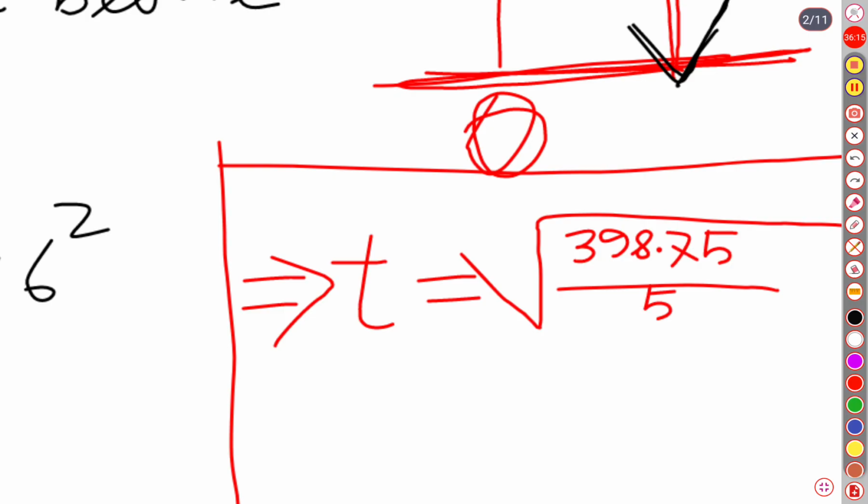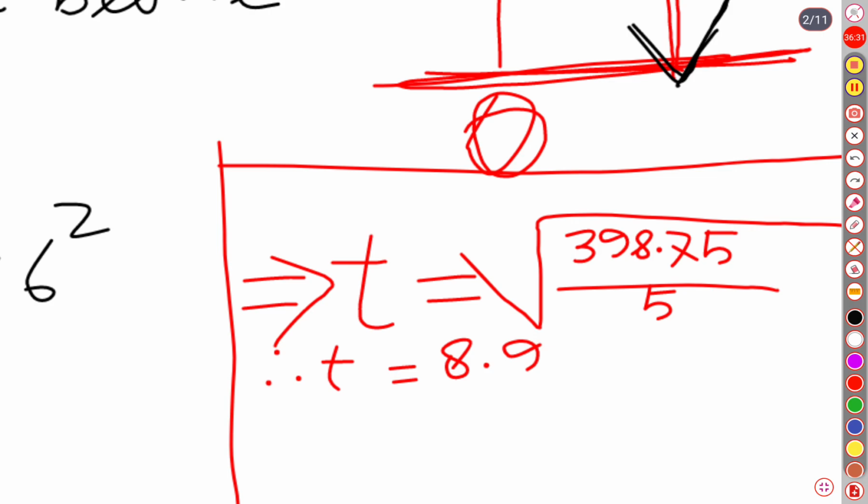Let us find our time. It is going to be the square root of 398.75 over 5, equal to 8.9 seconds.